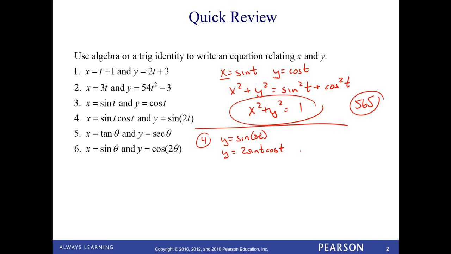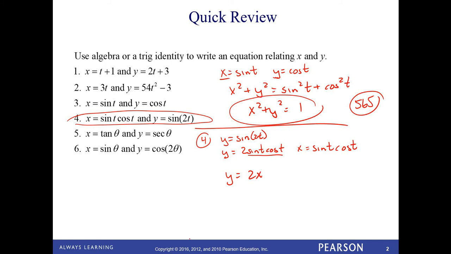I know that my x for number 4 is sine t cos t, and y is 2 sine t cos t, so I can just say that y equals 2x. So this is a linear equation. It sure doesn't look like it when we start with something like this, but it's a very simple linear equation.